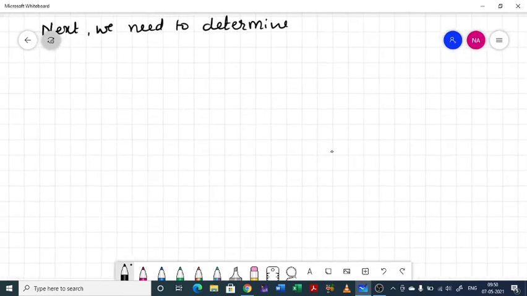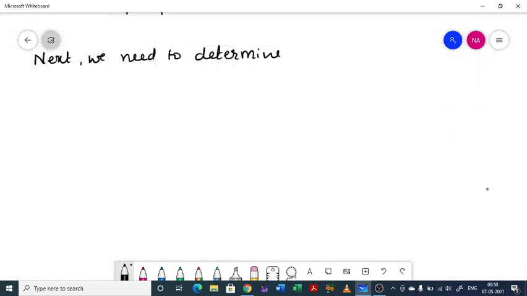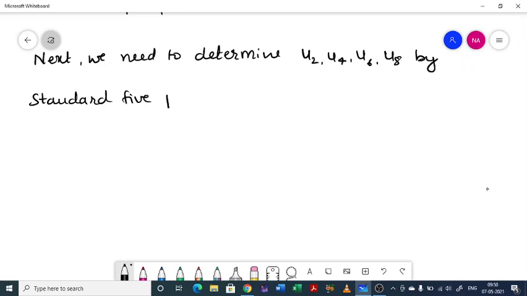So next we need to determine U2, U4, U6, U8 by the standard 5-point formula.